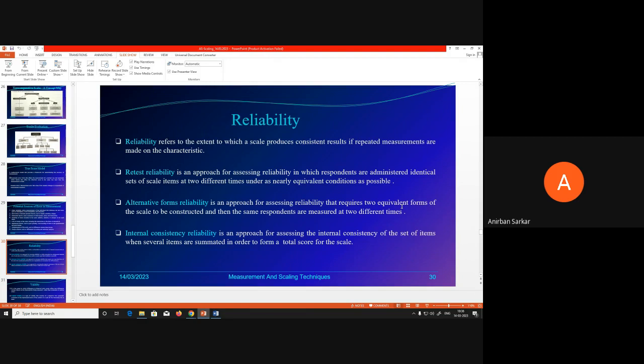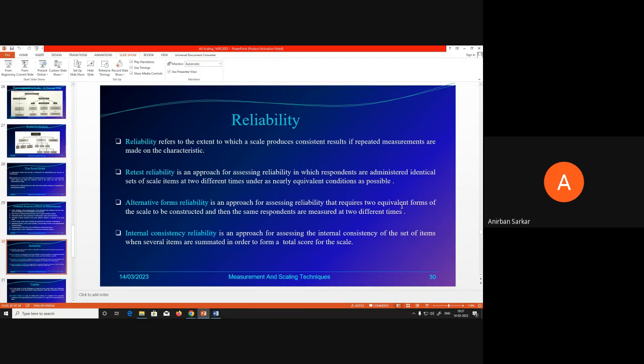What is alternative forms reliability? It is an approach for assessing reliability that requires two equivalent forms of the scale to be constructed, and then the same respondents are measured at two different times. So here you are actually preparing two forms. The forms are equal, but in the first part you are using positive items, in the second part you are using negative items.